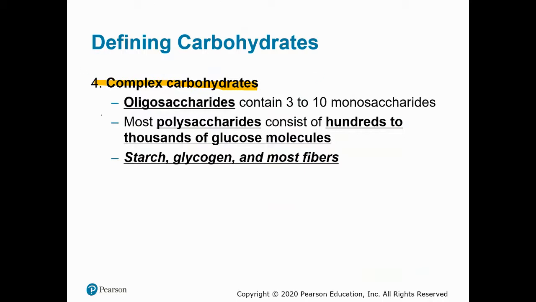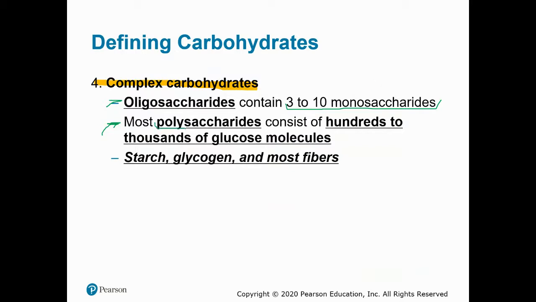For complex carbohydrates, we could say there are two subcategories: oligosaccharides and polysaccharides. Oligo means a few, so a few saccharides, a few sugars. An oligosaccharide contains 3 to 10 monosaccharides, or 3 to 10 sugars.